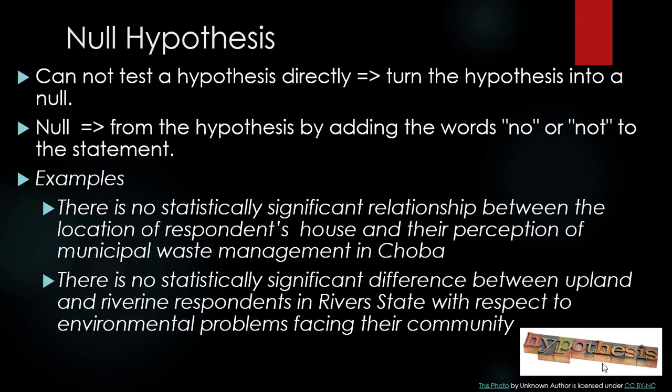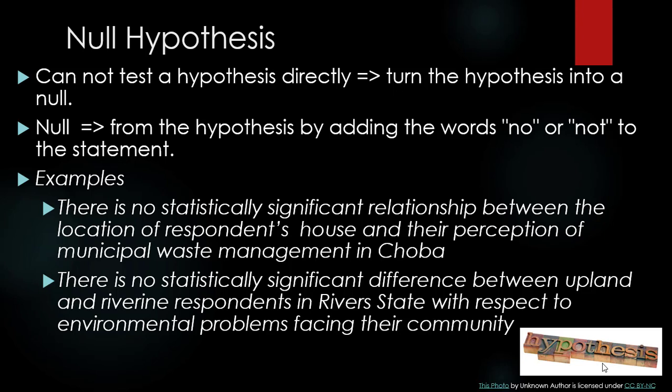So we don't start with the bias and go and test the bias that there is. We always test to find out whether we are going to retain the null hypothesis or we are going to reject the null hypothesis. That is how the scientific inquiry works. That is how hypothesis testing works.